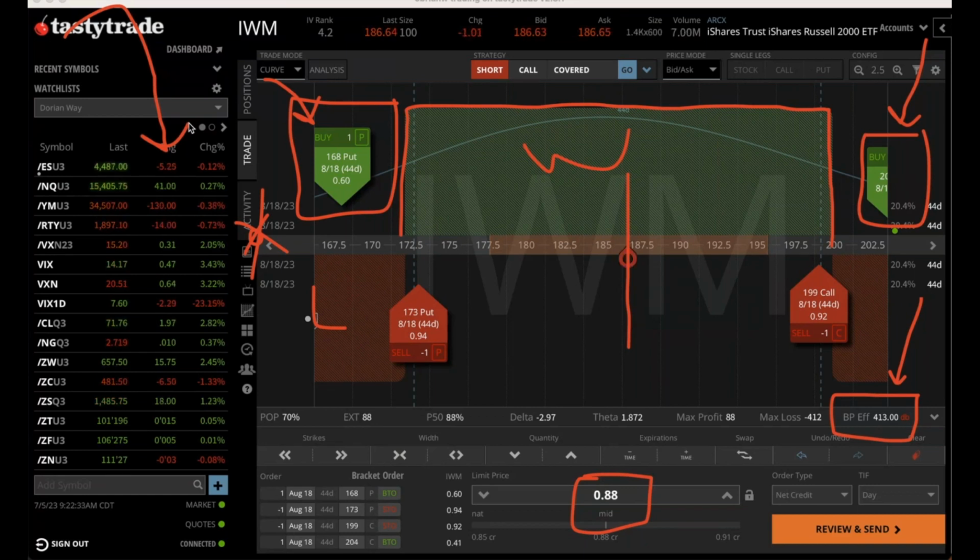But your probabilities are the same, and you can argue that the probabilities on the strangle are actually a little better if you're doing the same trade, because you're collecting more on the strangle. But I like to simplify things and just take the delta and say, okay, 15 and 15 is 30, minus it from 100, 70%. So I like to say that these two have the same probability of success.